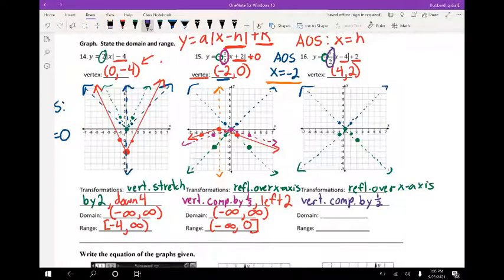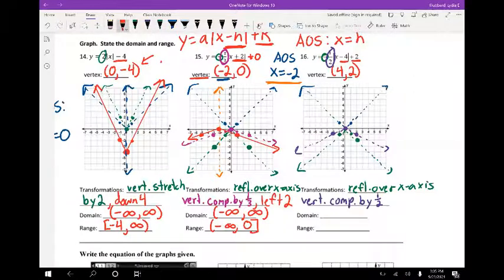So -2 times 1/2 would give us 2, -1. And this point 2, -2 would also give us -2, -1. So again, you can think of this as the slope, or you can think of it as taking that y value and multiplying it by 1/2. Whatever helps you. And so this would be our next transformation.